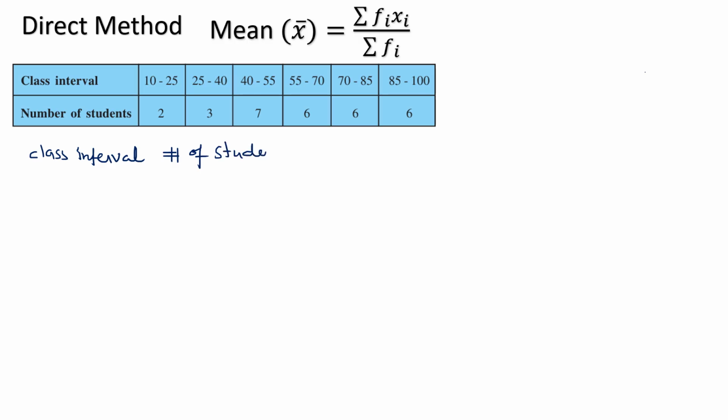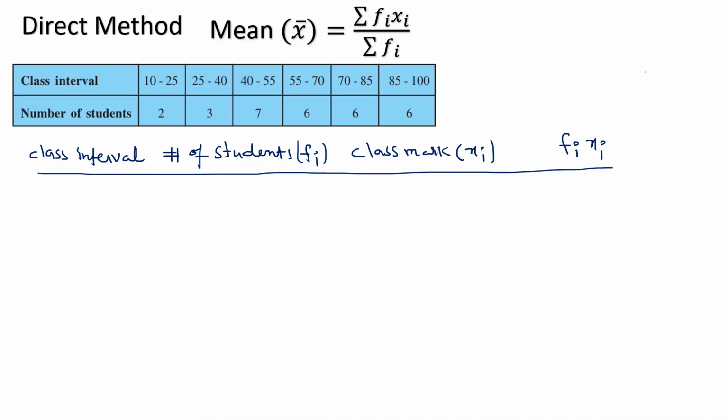As I said, the number of students we generally denote with fi. Then we take the third column as class mark, generally denoted with xi. Then in the fourth column we take the product of fi and xi. We need to complete this table.